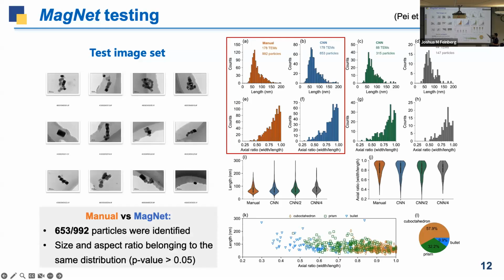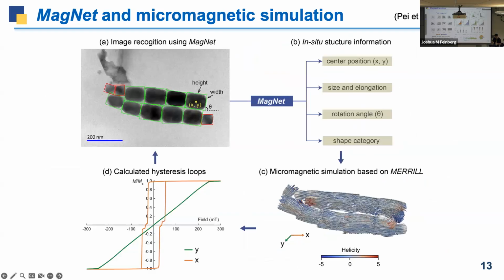And if we compare the manual and MagNet predictor results, they belong to the same distributions, with a p-value exceeding 0.05. So this shows that if we have a very large image data set, MagNet can help you give the size and aspect ratio distributions of your particles.